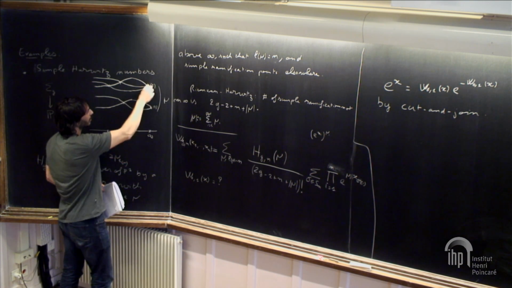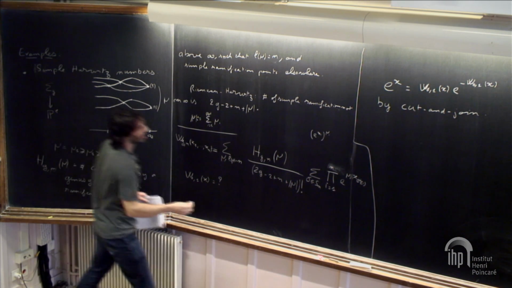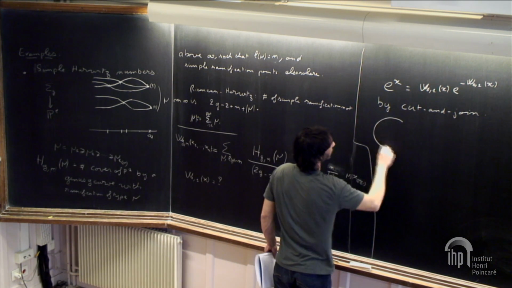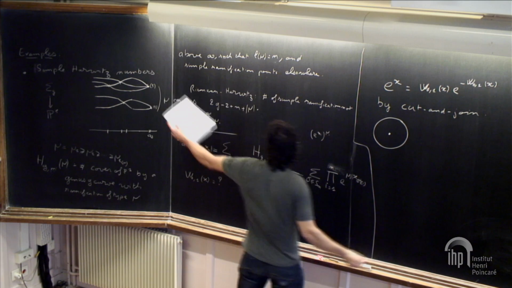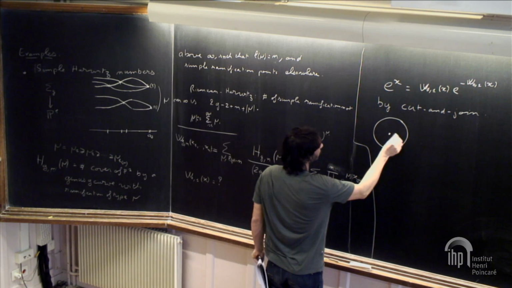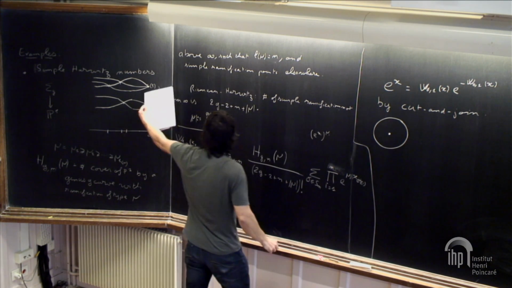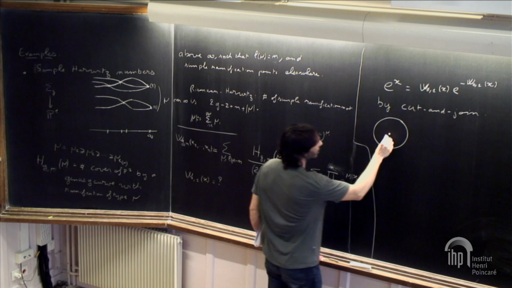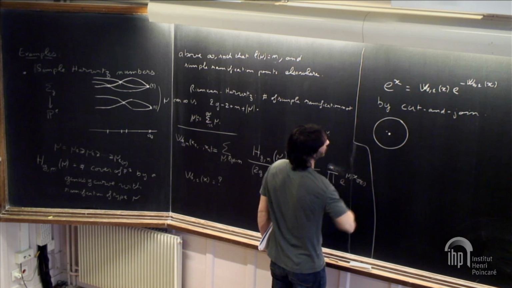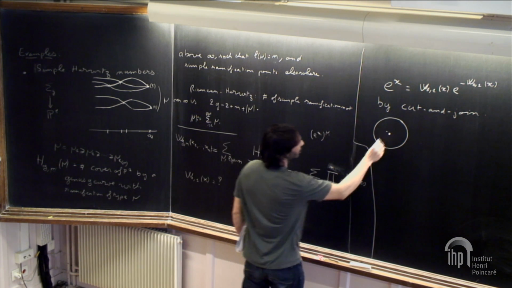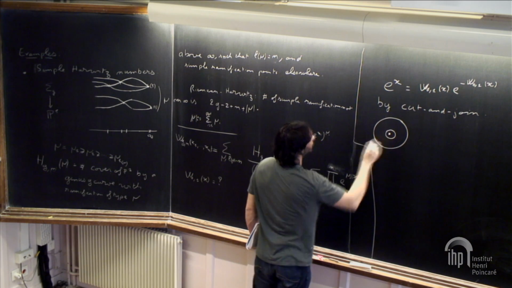What you know is that you will have locally, so for this degree 3 case, I've got this point which is above infinity, where the 3 sheets merge. And I look just at a point next to it, and I wonder what happens when I go around it.